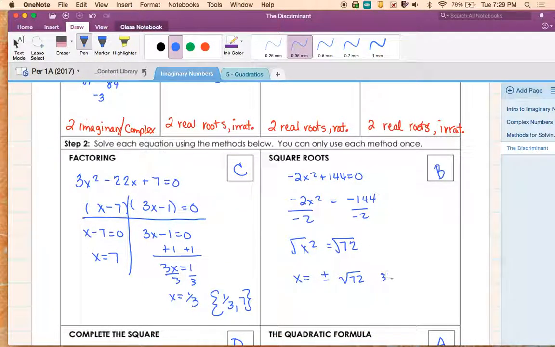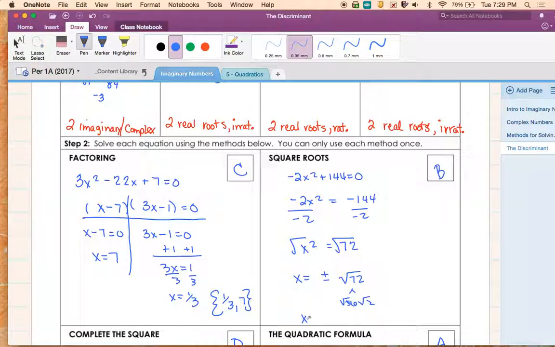This is 36 times 2. So this breaks into root 36 times the square root of 2.